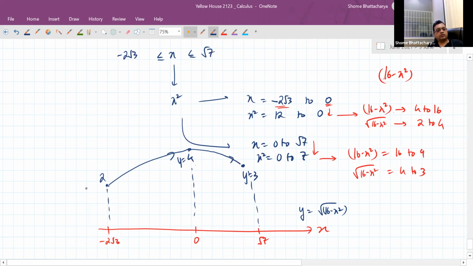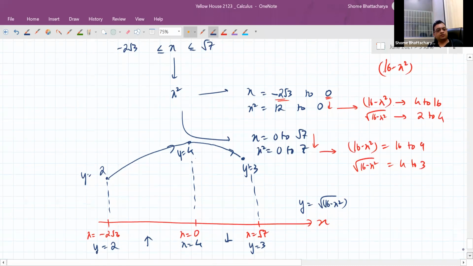And at this point, y is equal to 2. So the function has this kind of behavior, that for x equal to minus 2 root 3, the corresponding value of y is 2. And then the value of y increases till it reaches 4. And then in this part, it decreases till it reaches again y equal to 3.